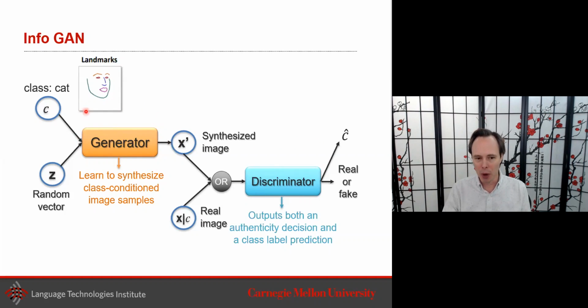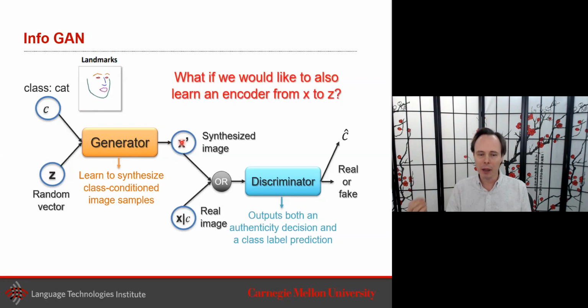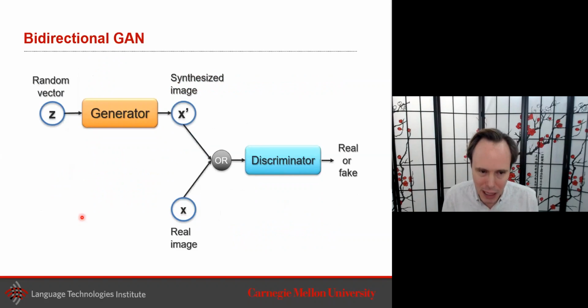And this whole framework allows me to train a generator. But maybe I would like not just to train a generator going from my random variable to a synthesized image, but maybe I would like to go the other way around. I would like to be able to train an encoder that takes an image and encodes it into a lower dimensional representation. And that's where the bidirectional GAN comes in.